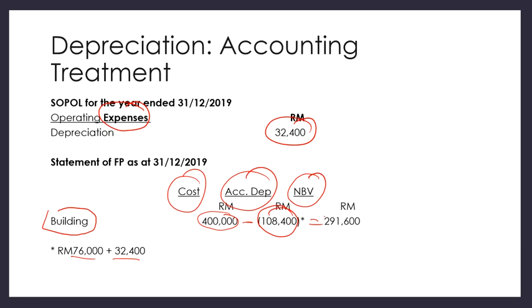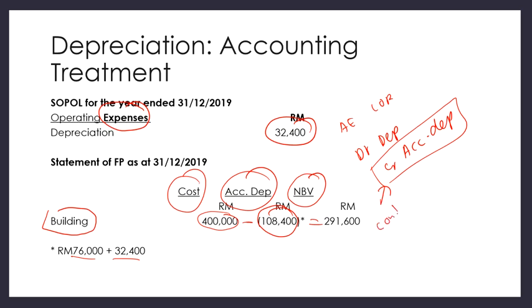Okay, so dia punya journal entry sama juga, depreciation ialah expenses. So you kena debit depreciation, credit accumulated depreciation. This is contra account dia, memang macam ni. Contra account untuk depreciation ialah accumulated depreciation.